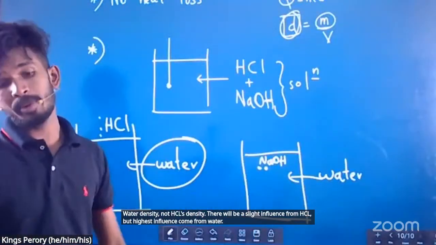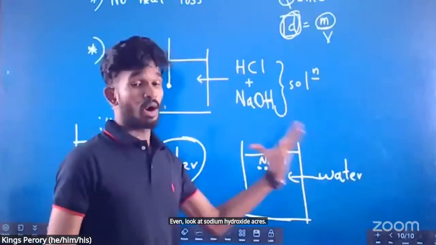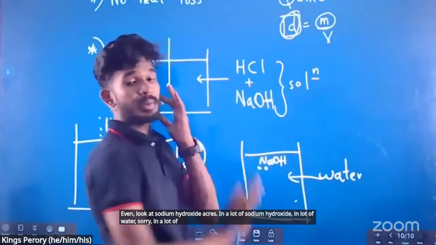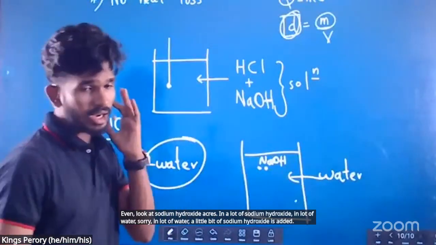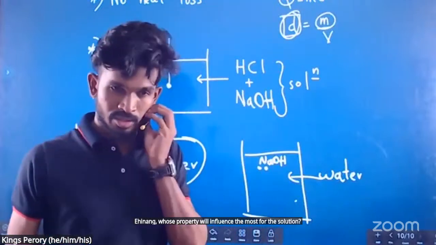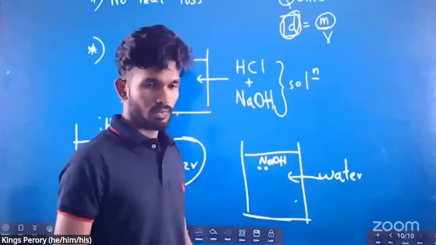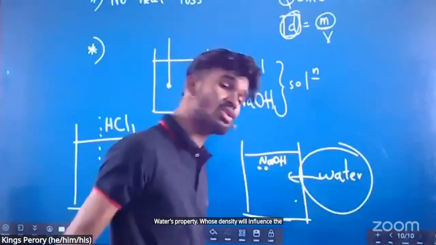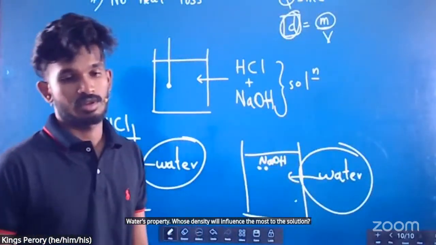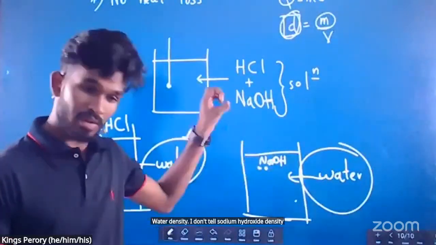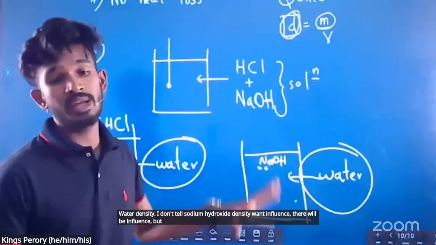Even look at sodium hydroxide aqueous. In a lot of water, a little bit of sodium hydroxide is added. Whose property will influence the solution the most? Water's property. Whose density will influence the solution the most? Water's density. I don't say sodium hydroxide's density won't influence. There will be influence, but that influence is very small.